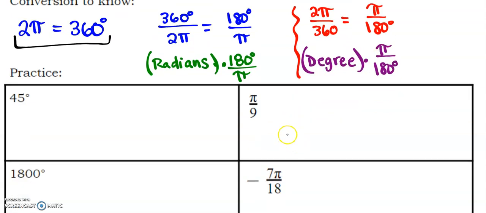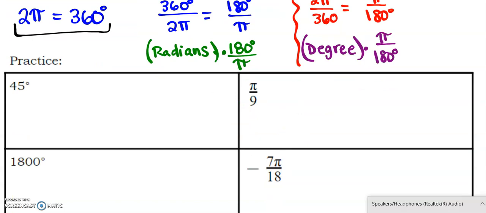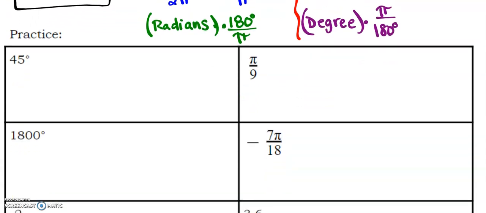Well, I'm going to show you a few examples to help you see what I'm talking about. It's important for you to assess what kind of angle you have. So right now in this first problem, I have an angle that's in degrees, and I can tell because it has that degree symbol. So we're going to take 45 degrees and multiply it by pi over 180, because I want to convert this to radians.